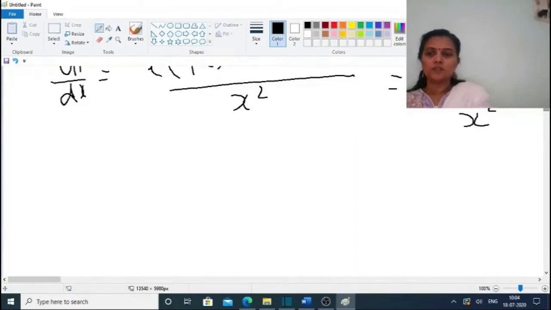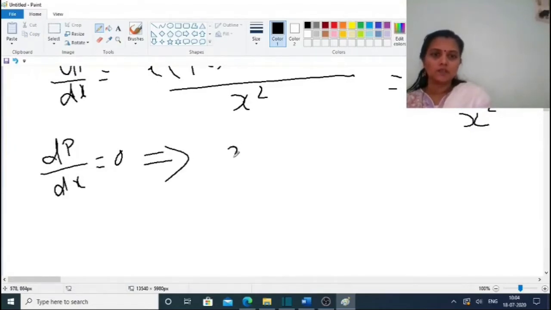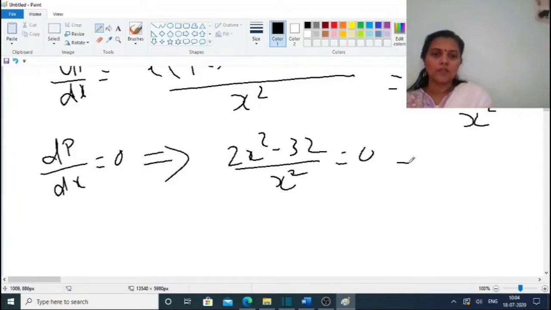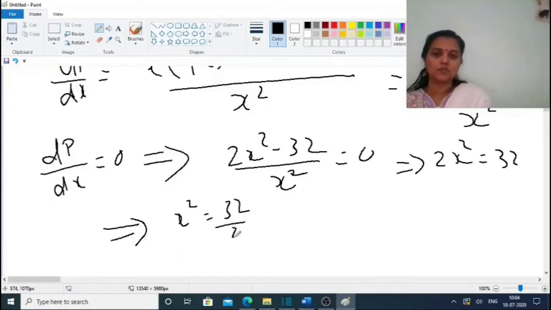Now we have to find dp by dx equal to 0, which implies 2x square minus 32 by x square equal to 0, implies 2x square is equal to 32, implies x square is equal to 32 by 2 equal to 16, implies x is equal to plus or minus 4.